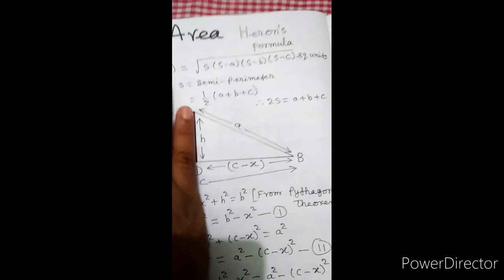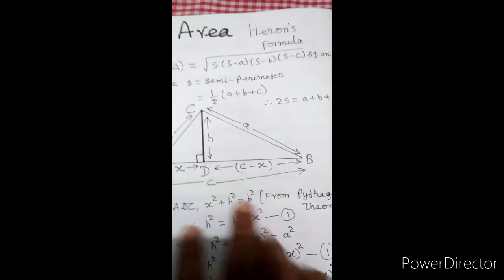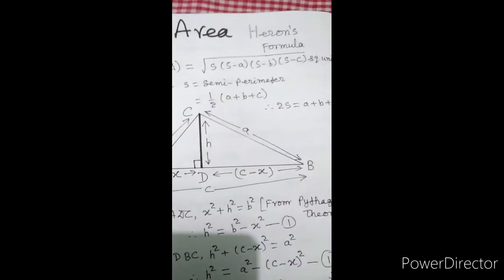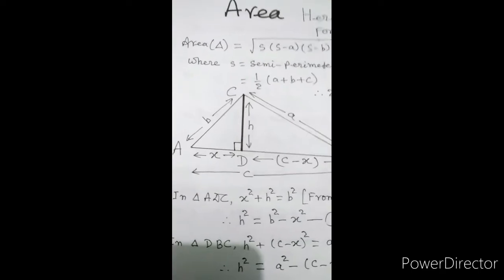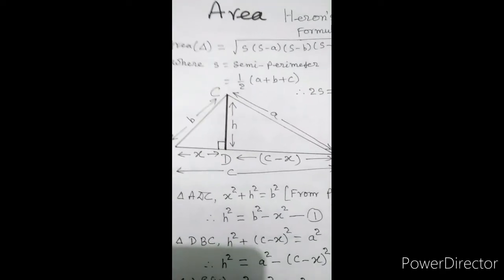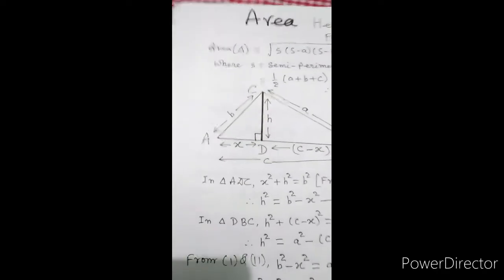Then with the help of Pythagoras theorem, we have a square is equal to h square plus (c minus x) whole square. In this way, we can find the value of x as well as the value of h. When we get the value of h, then our establishment will be completed.